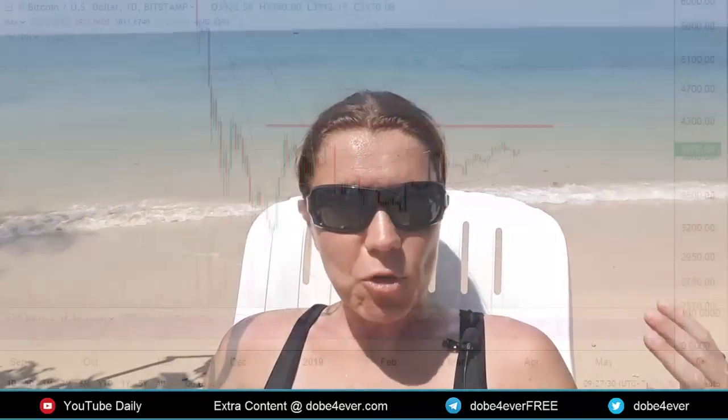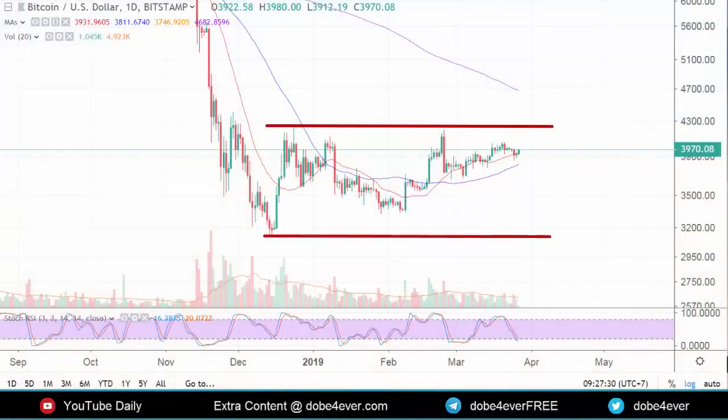Assume we're gonna be breaking down probably aggressively, and we can go pretty deep, like to test previous lows, maybe even near $3,000. If you see the initial reaction when we touch or approach the target is a violent breakdown, big candle, big red volume, assume a dump that's going to be probably pretty deep.